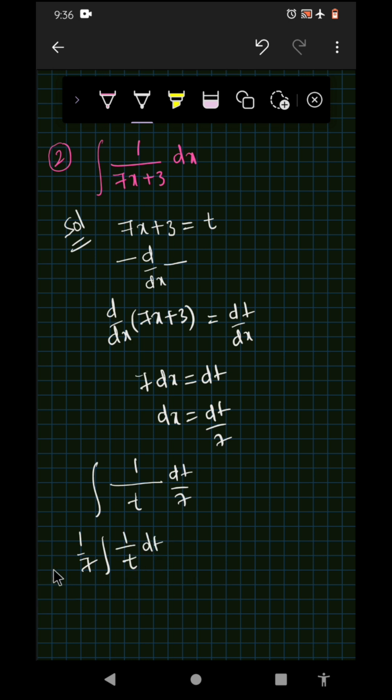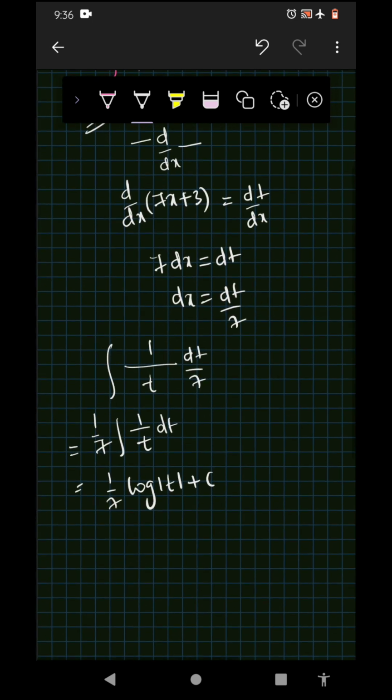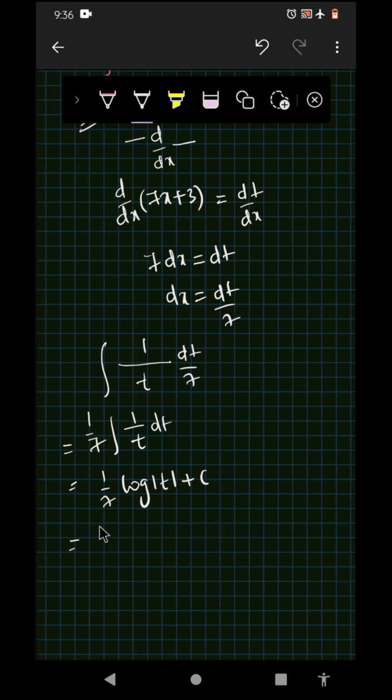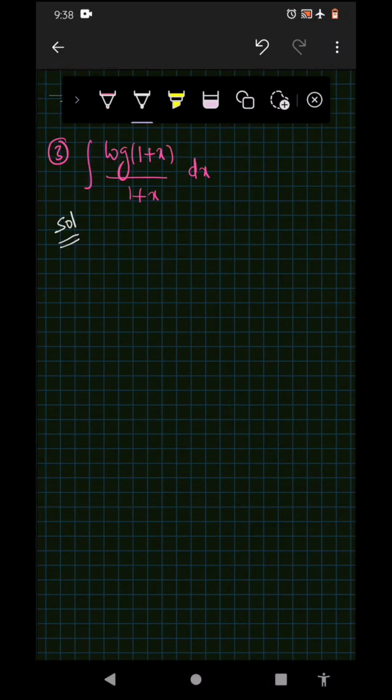That gives 1 by 7 log t plus c. So now 1 by 7 log of t is equal to 1 by 7 log of 7x plus 3 plus c, which is the answer for the given problem.